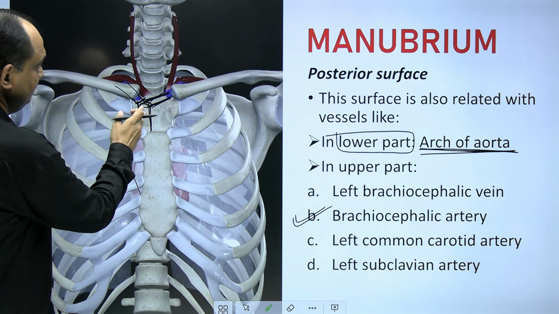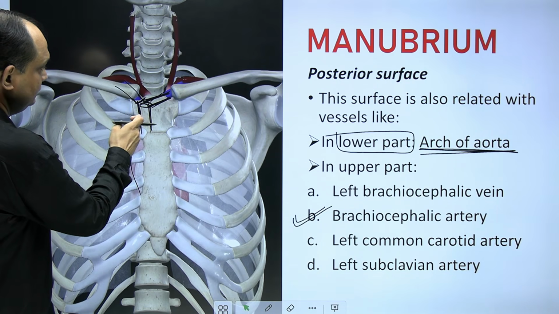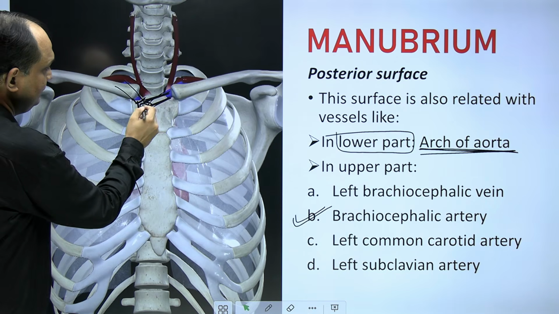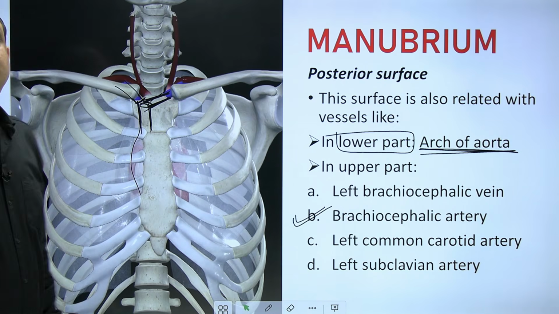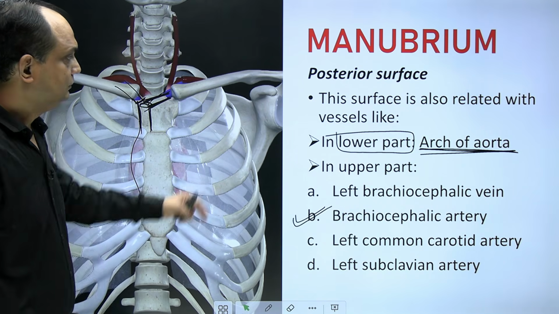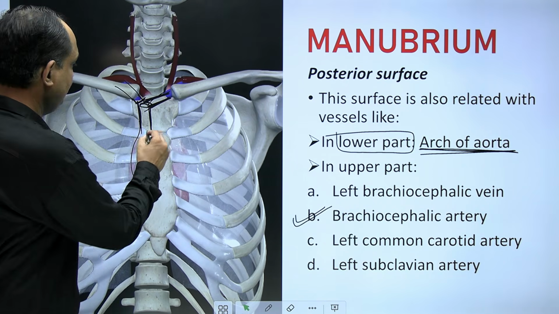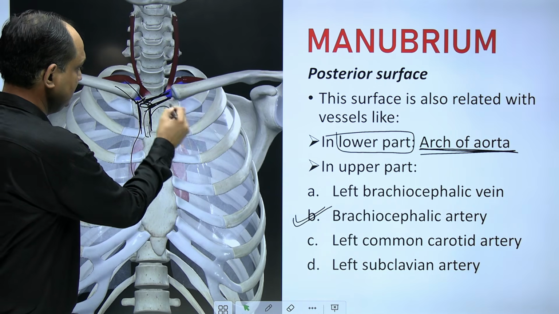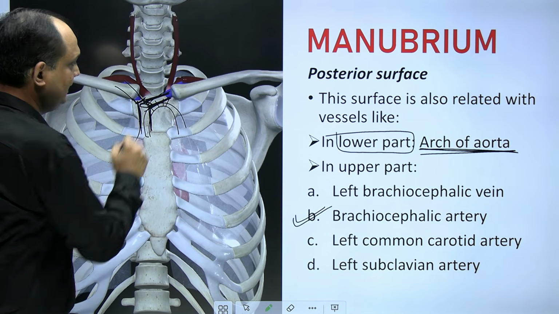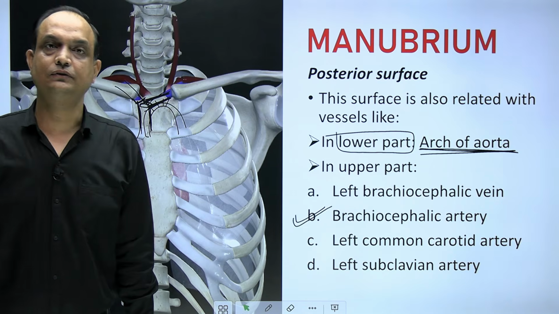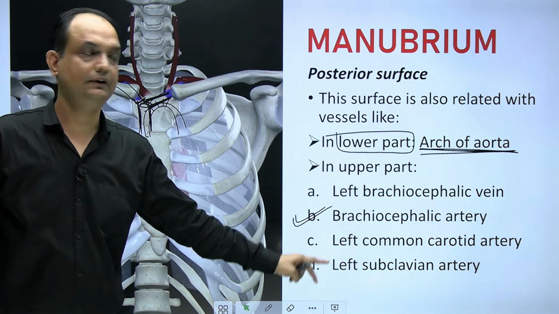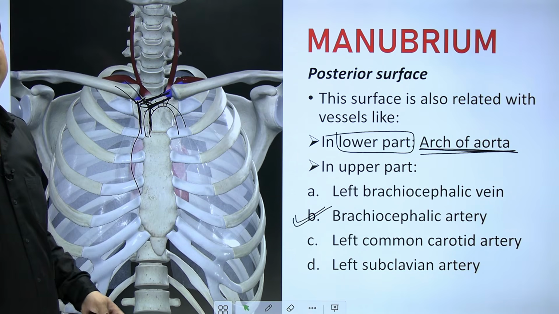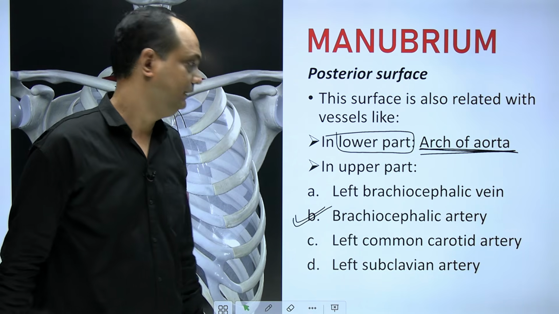So the superior vena cava is not a midline structure; it forms on the right side. That's why the left brachiocephalic is longer and it has to run behind the upper part of the manubrium. So what are the relations? In the lower part you have the arch of aorta, in the middle part the branches of the arch of aorta, that is the brachiocephalic trunk, left common carotid and left subclavian, and in the upper part you have the relation with the left brachiocephalic vein.